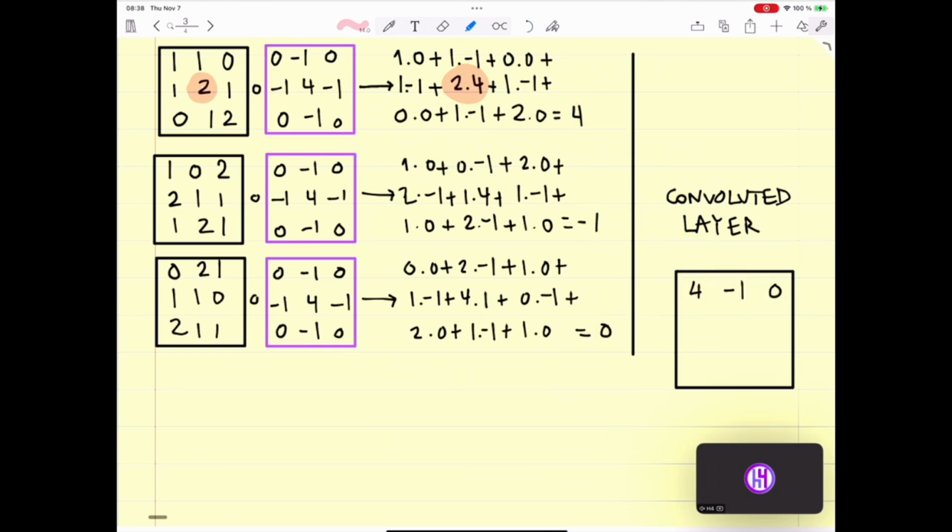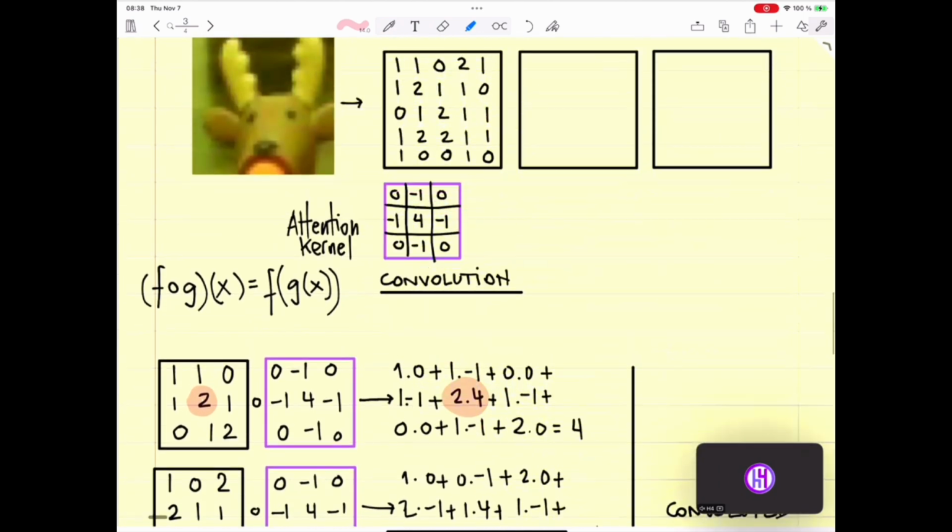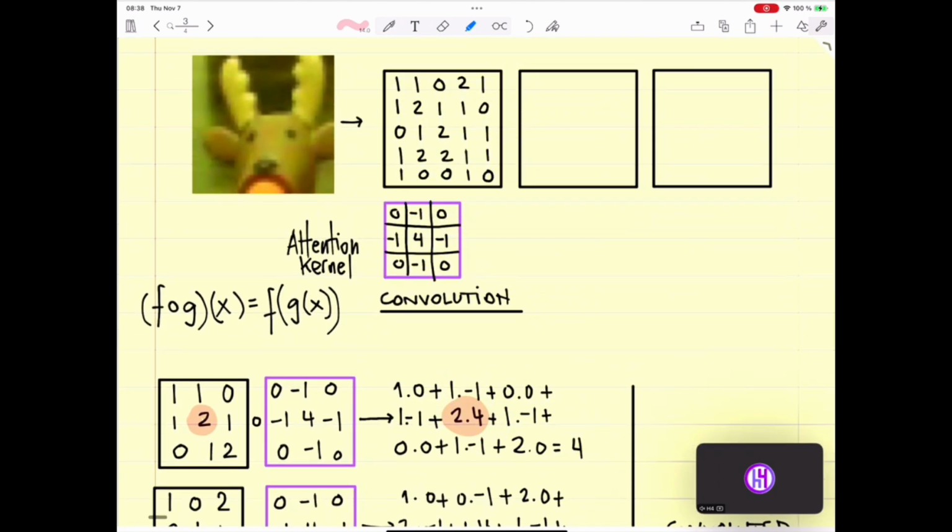So we have done this for this, in 3 steps. Now we go and do it for the next one. It's just chunking matrices.